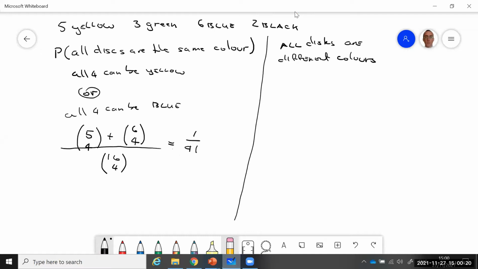What that means is that we've 1 yellow, 1 green, 1 blue, and 1 black. That is one specific condition that we want. We want 1 yellow, and we want 1 green, and we want 1 blue, and we want 1 black. So we want 1 yellow out of the 5 yellows.